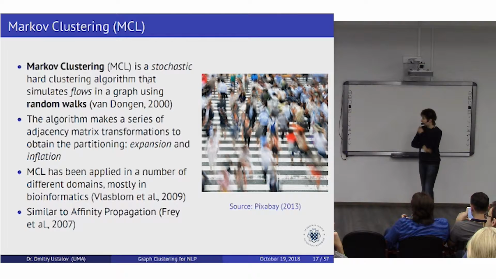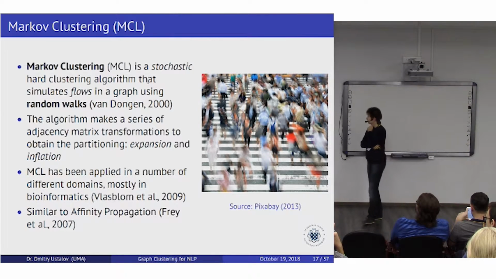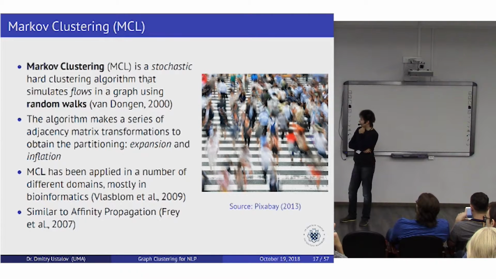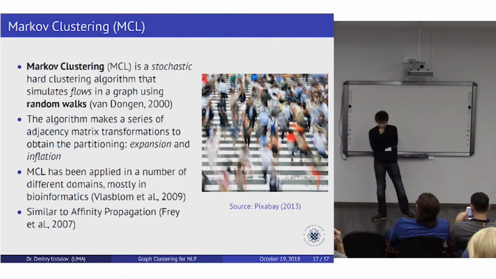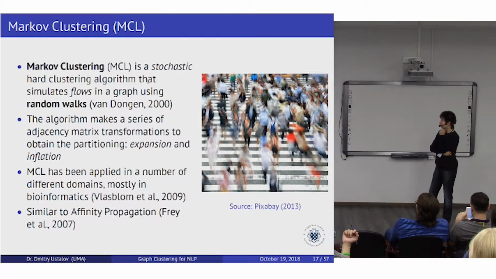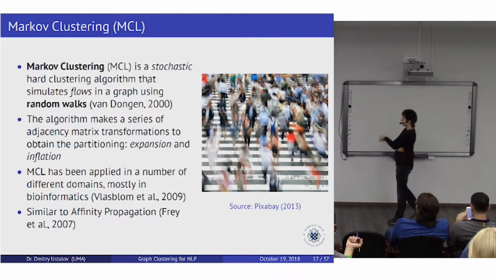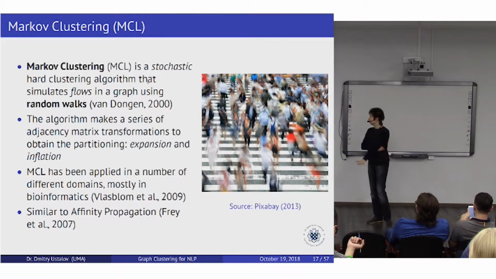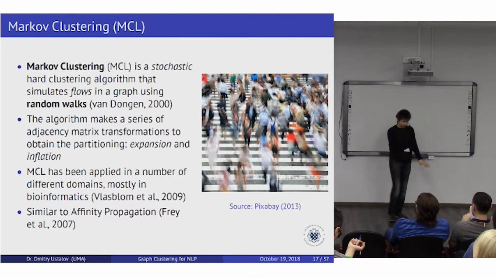But in fact, in the Chinese whispers paper, the author says that actually Chinese whispers can be treated as a special case of another algorithm called Markov clustering, a fantastic algorithm, absolutely fantastic algorithm.